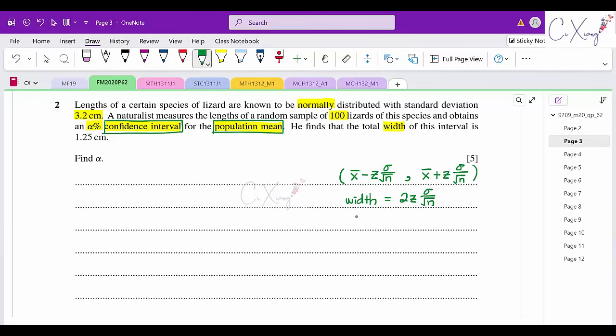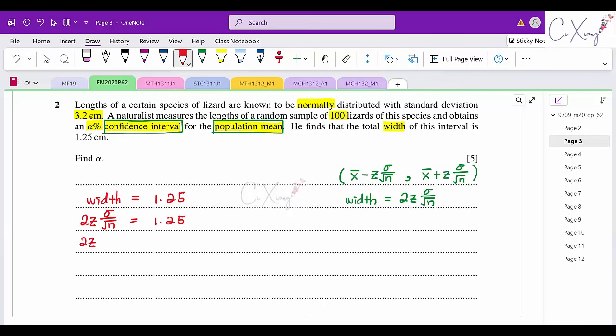All right, in this question, they are giving us the width. By using this information, I want to set up the equation, and maybe it can help us continue and find the alpha. Let's have a look at the width first. The width equals 1.25. Since I know that the general formula for the width is 2z sigma over square root n, it equals 1.25. Let's see what values we can substitute here.